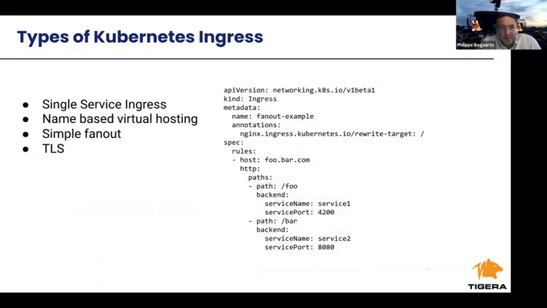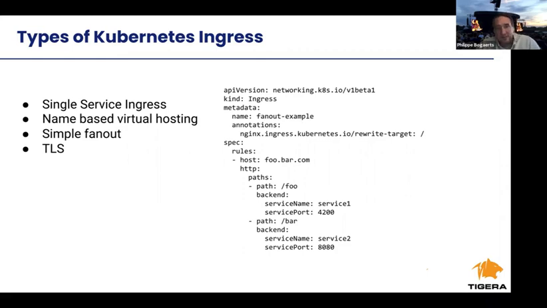So there are a few types of ingress. That can be a single service ingress. The one I just showed basically means you come in and you go to a specific service backed up by a few pods. You can also do it based on virtual host names. That's actually what I just showed. So based on, for example, app 1, you can send it to service 1.